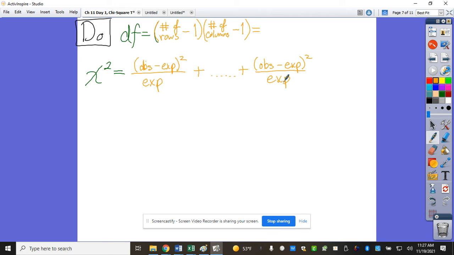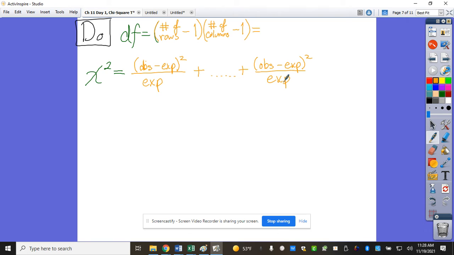So for the example that we have on our paper on the front, it would be 51 minus 68.7528 squared divided by 68.7528. And then I would literally write plus dot dot dot plus.